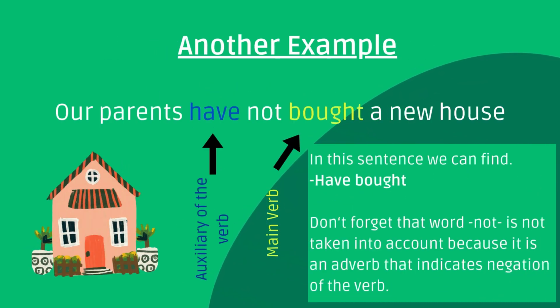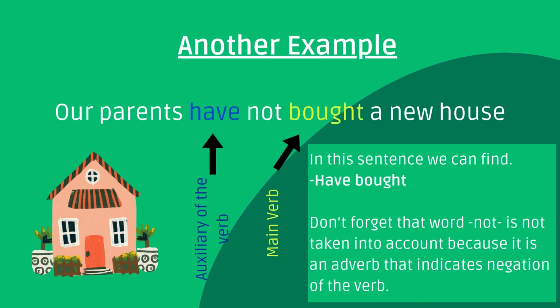Another example of a verb phrase: our parents have not bought a new house. In this sentence we can find have bought. Don't forget that the word not is not taken into account because it is an adverb that indicates negation.